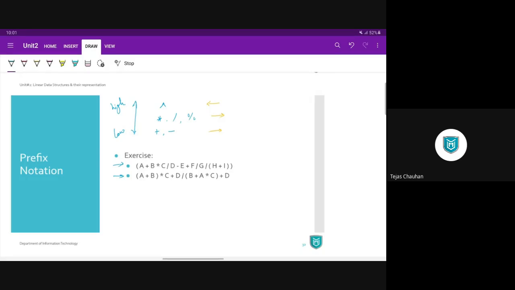Remember, parentheses are there to override precedence, which means we need to solve parentheses first. And when there are no parentheses, we go by operator precedence. Whichever operator has higher precedence, we evaluate that first.